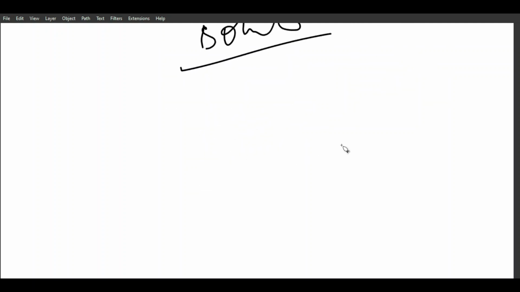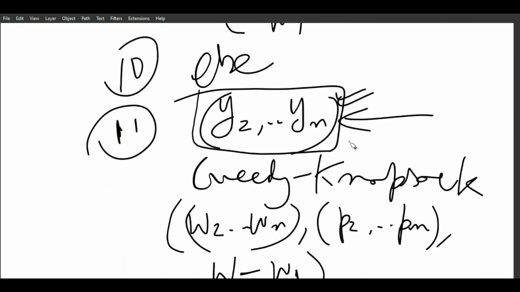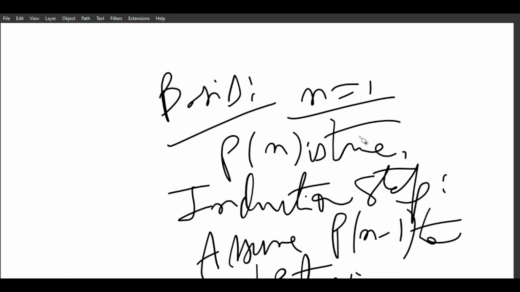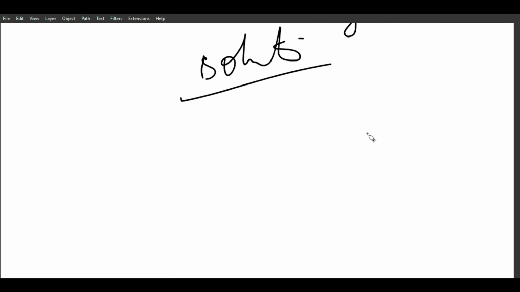Again, in the notes I have written the variables as y, just to distinguish it with this y. They are different, otherwise it will create confusion. So consider any other solution, call it y1 up to yn, and just compare it with our solution.